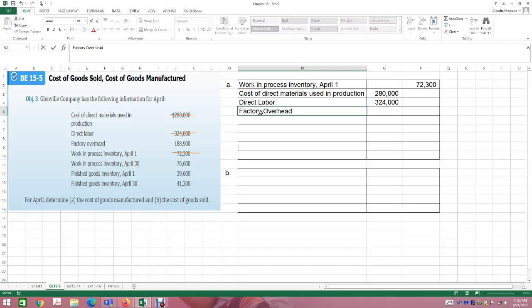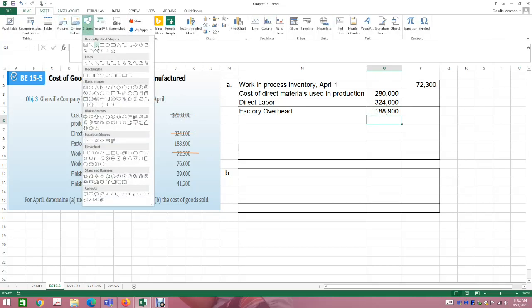This could be expenses related to the factory, the utilities for running the factory, the depreciation on the equipment, stuff like that. Anything related to the factory or the manufacturing process that does not fall into either materials or labor goes into overhead. Everything else falls into overhead. And on overhead, we have $188,900. Now let me mark that off.